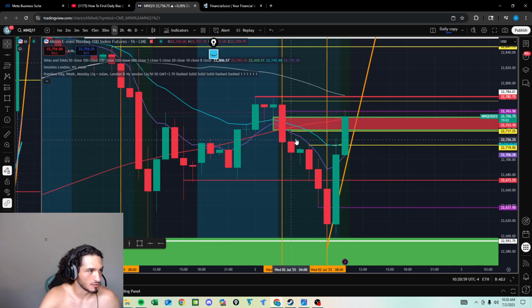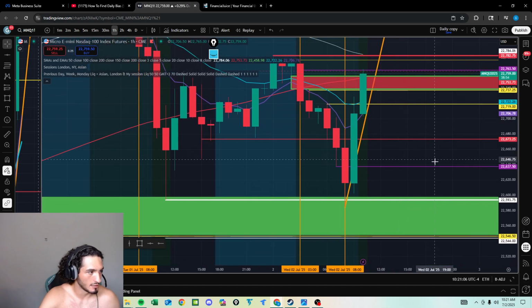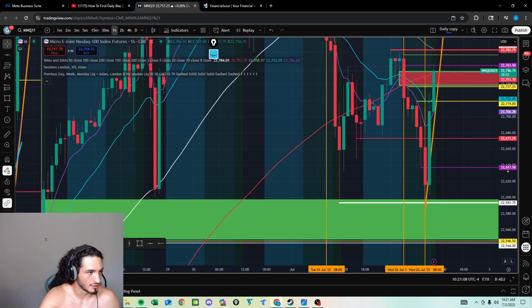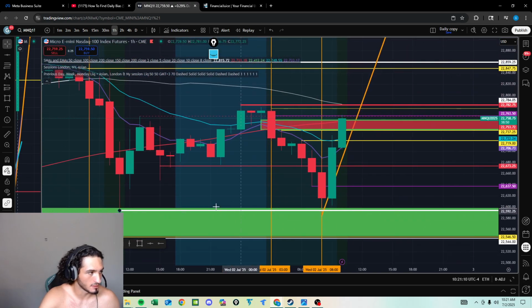The purple lines are London session high, London session low, and then I marked out liquidity levels on the hourly time frame, which we had an hourly liquidity level right here at 22,600 basically, an hourly liquidity level during the London session at 719, 737, and 773 would be my last target, which is the Asian session high, the last liquidity level.